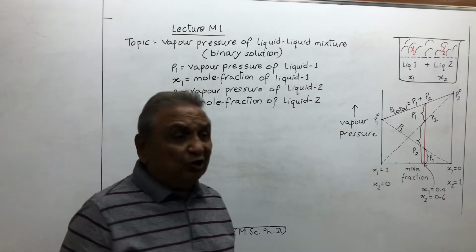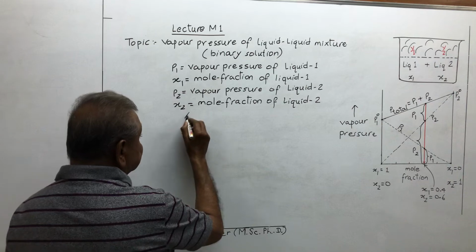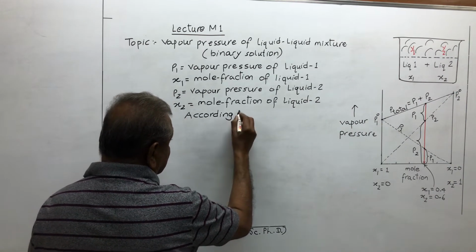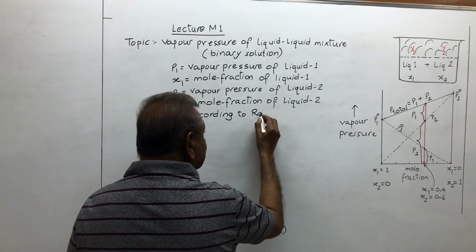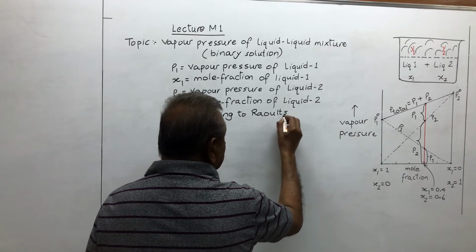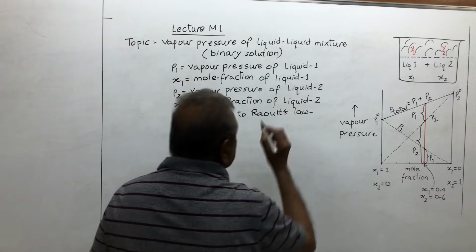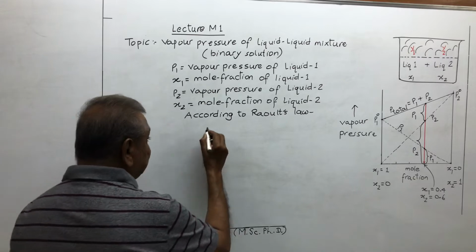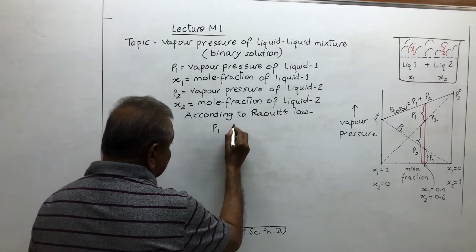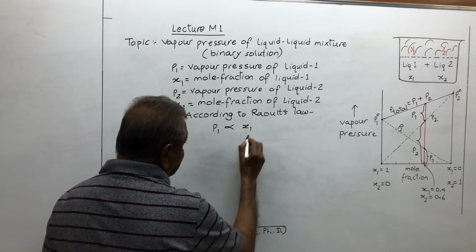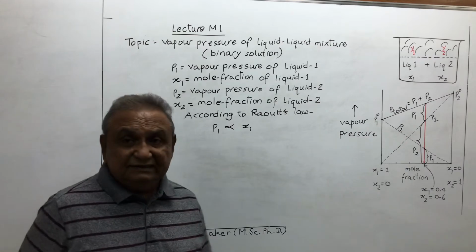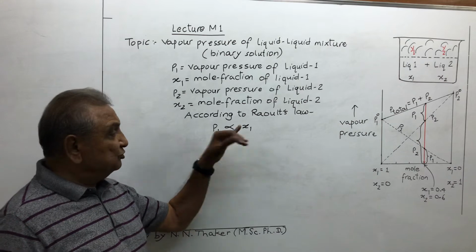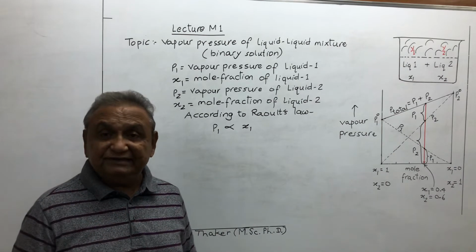Now, according to Raoult's law, P1 proportional to x1. The vapor pressure of component 1 is proportional to its mole fraction in the mixture.